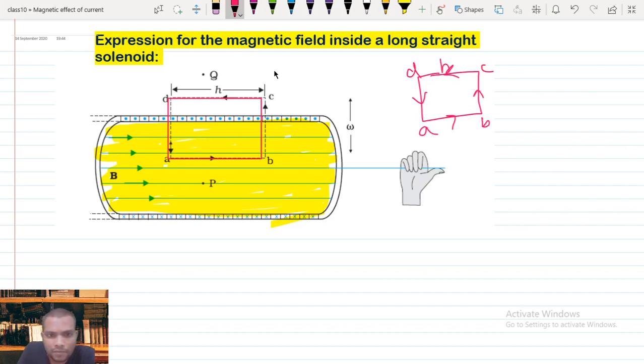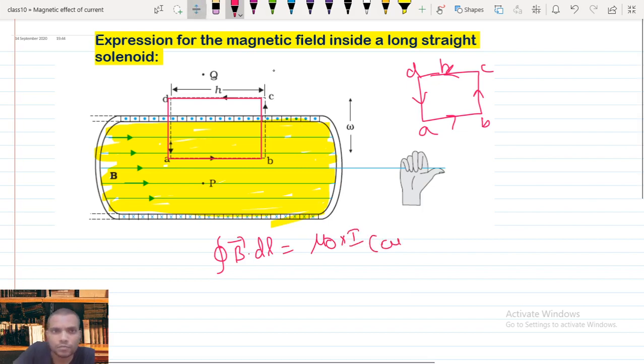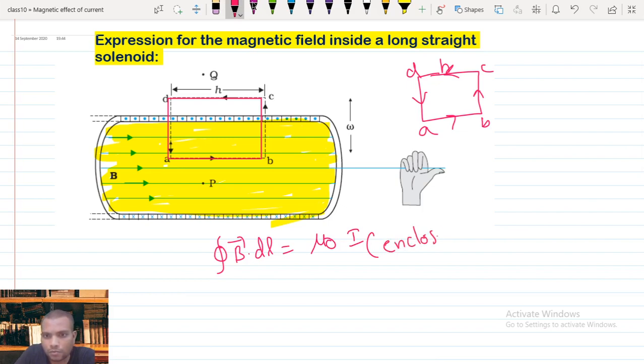Now if we apply Ampere's law, the closed integral of B dot dl equals mu naught times I, where I is the current enclosed.